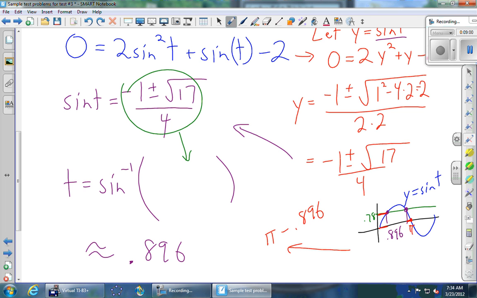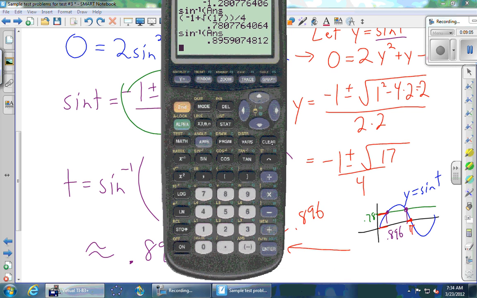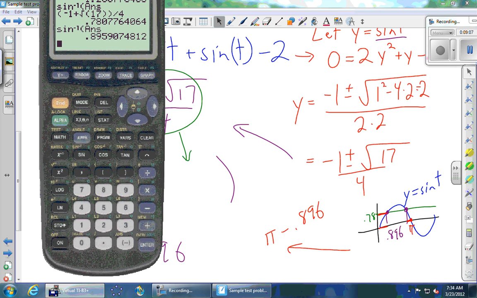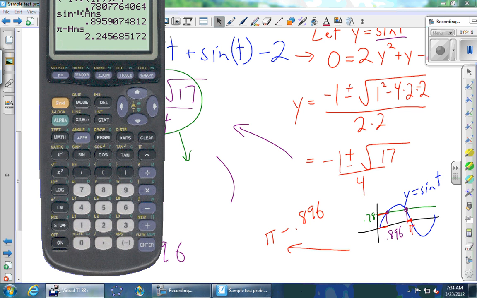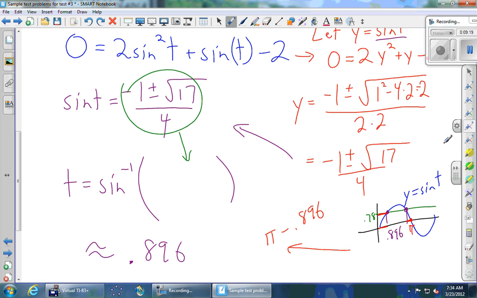We really need to think about the symmetry to get that number. So we do second pi minus second answer, 2.246. So we've got two answers, and I think we have no more between 0 and 2 pi.